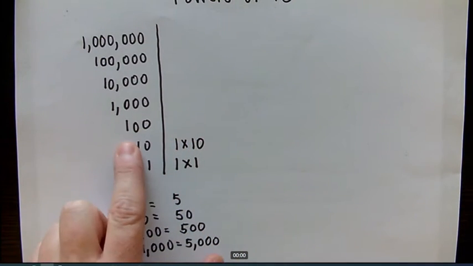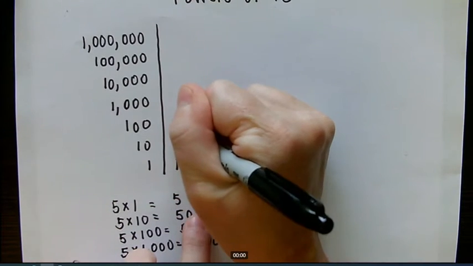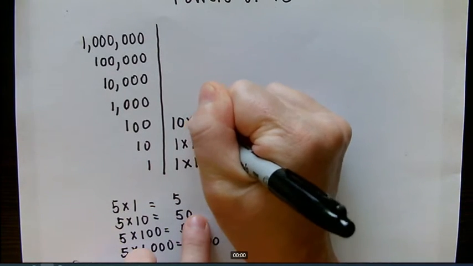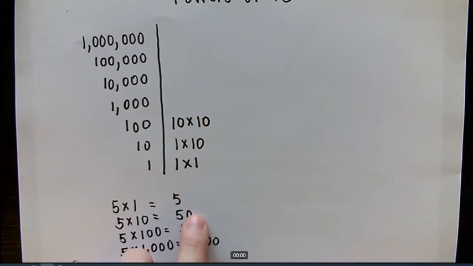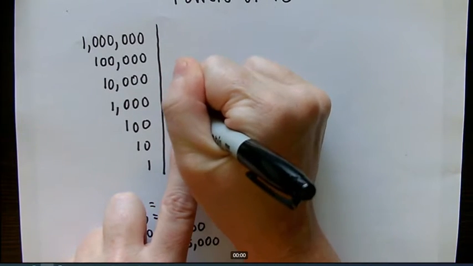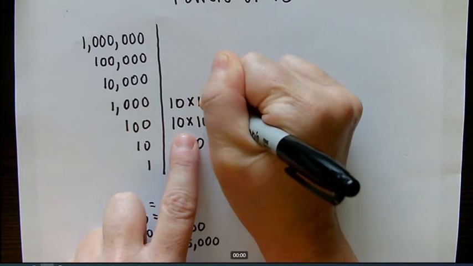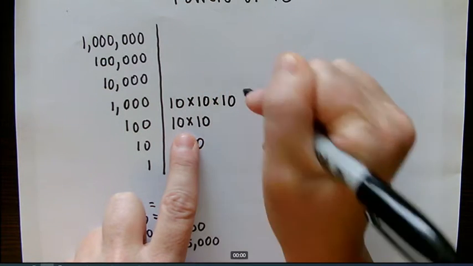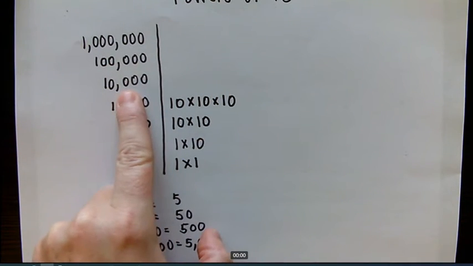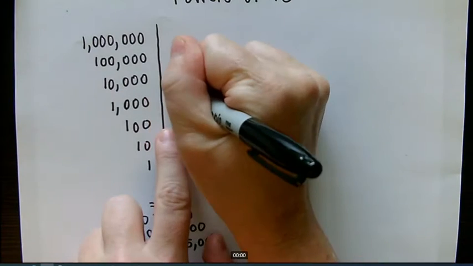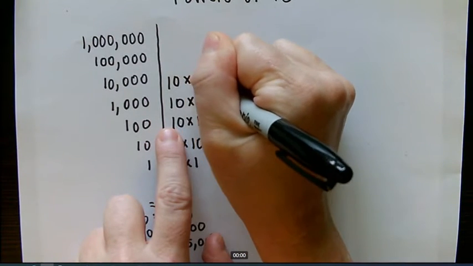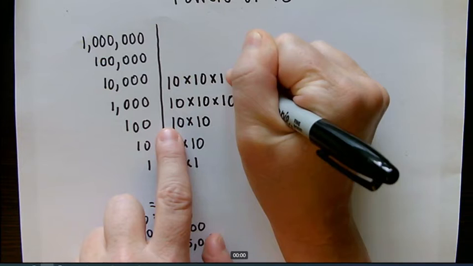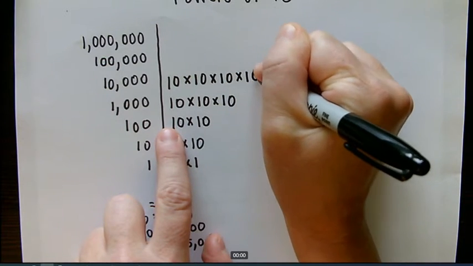But to make 100, we actually have 2 tens, 10 times 10. That would make 100. And then to make 1,000, we actually have 3 groups of 10, 10 times 10 times 10. Then to make 10,000, we actually have 4 groups of 10. Okay? Most of you have that memorized up to this point.